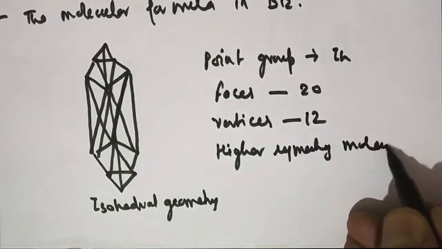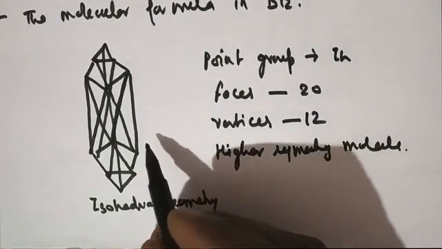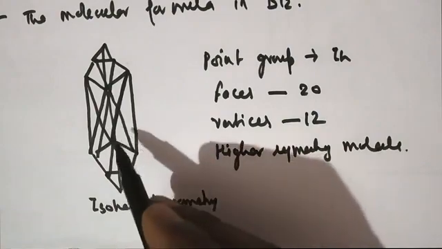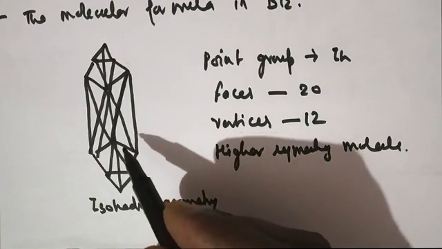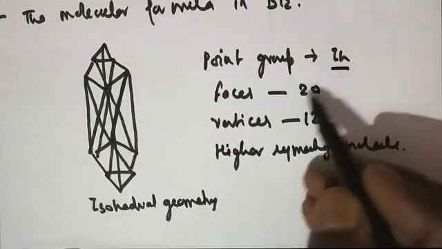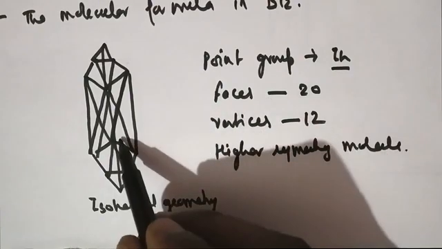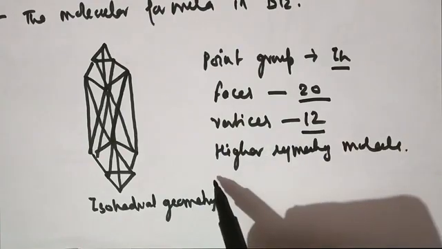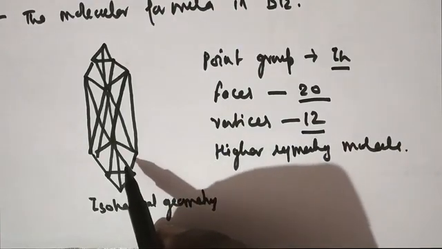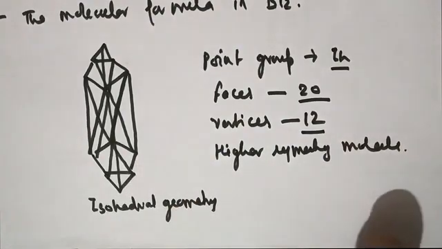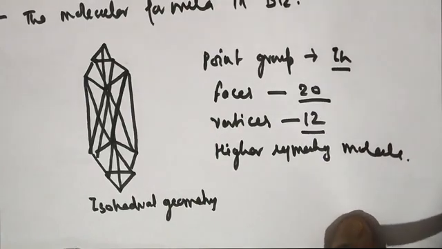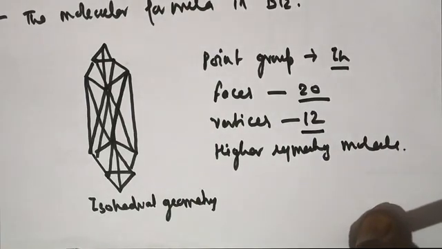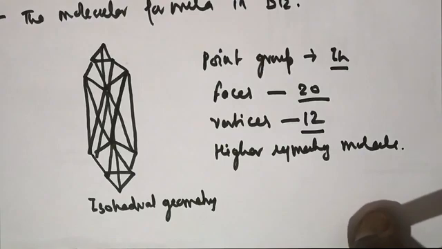So here you can see that this molecule belongs to the icosahedral point group, which is represented by Ih. The total number of faces is 20 and vertices is 12, and the molecule is also very stable because of its higher symmetry, which makes it more stable as compared to other elements.